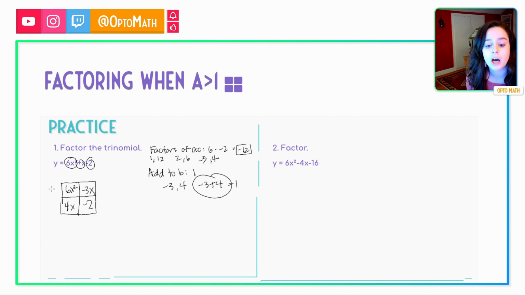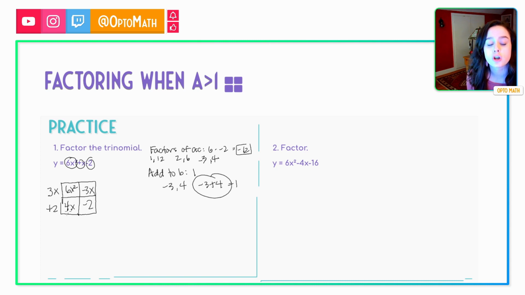They both have a positive 3 and they both have an x. So we're taking out the biggest things they share. I kind of think about it as the number pieces first and then the variables. Okay, so let's look at 4x and negative 2. They both share a positive 2. Okay, and there's no x term to be shared because our negative 2 doesn't have an x.